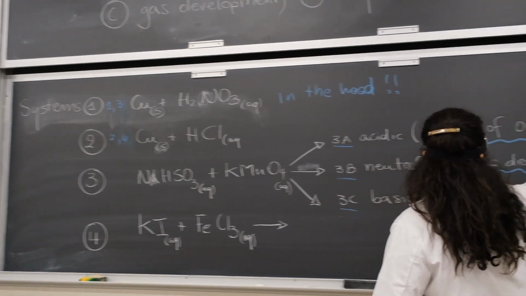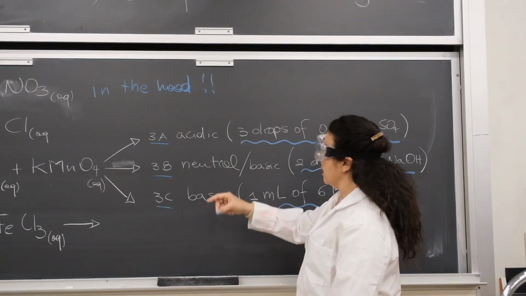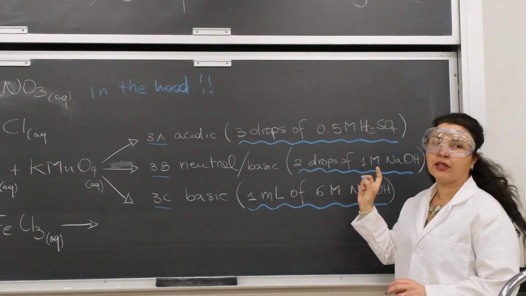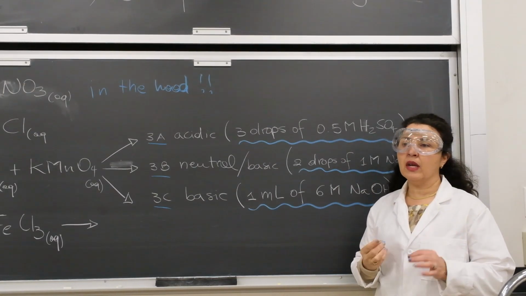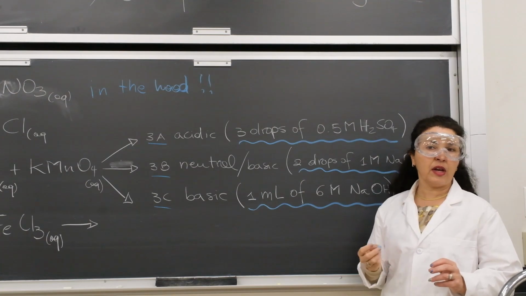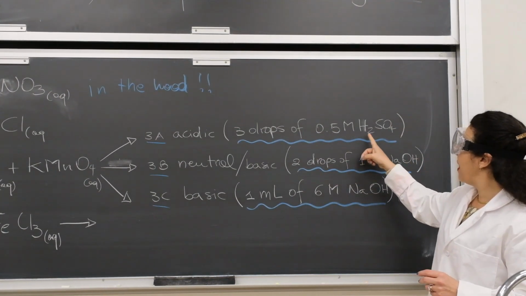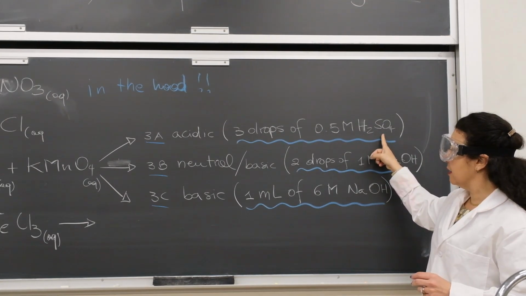First, in strongly acidic condition. Make sure that you pay attention to the molarity of each solution that you're using, because they are all different. You have multiple solutions with different molarity. In acidic condition, we're adding 0.5 molar sulfuric acid.